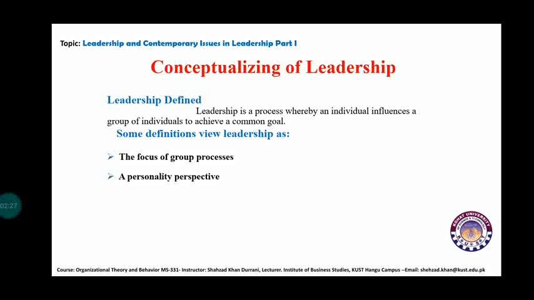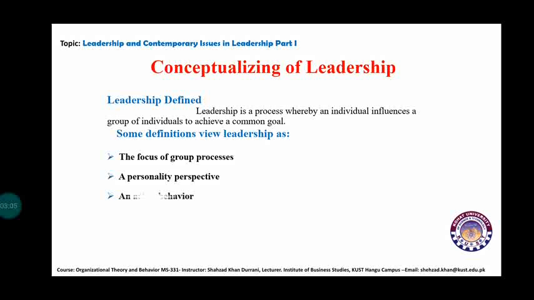One of the theories about leadership is called the trait theory. Trait theory actually focuses on the characteristics or the traits that individuals possess, and that's called the personality perspective of leadership. For example, the intelligence that a person has, or confidence, determination, integrity, loyalty, right? So with such things, leadership can be defined as a personality perspective.